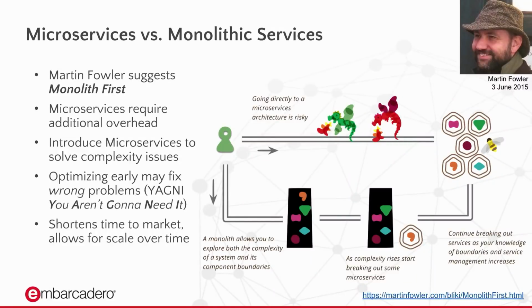I've alluded to this earlier, but there's a great article by Martin Fowler, with the link down in the lower right corner, called Monolith First. Basically the idea, as you look at this diagram, is that going directly to microservices architecture is risky. And really it's risky because of YAGNI, Y-A-G-N-I, you ain't gonna need it.